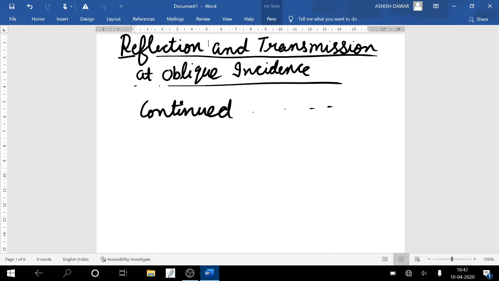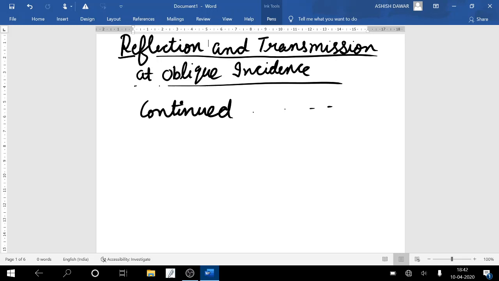So in the previous lecture we were discussing the topic reflection and transmission at oblique incidence. Today we are going to continue the previous topic, that is reflection and transmission at oblique incidence.